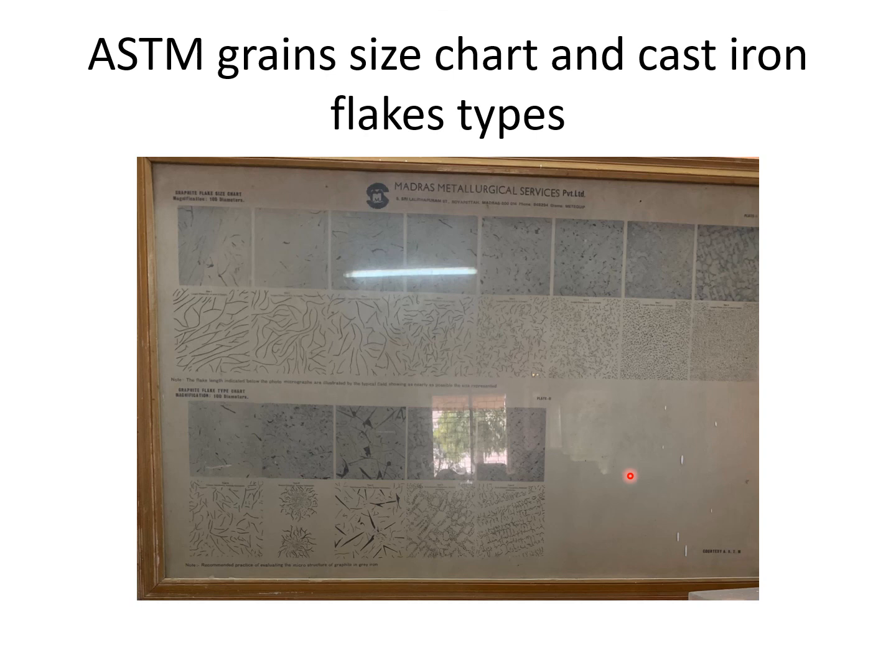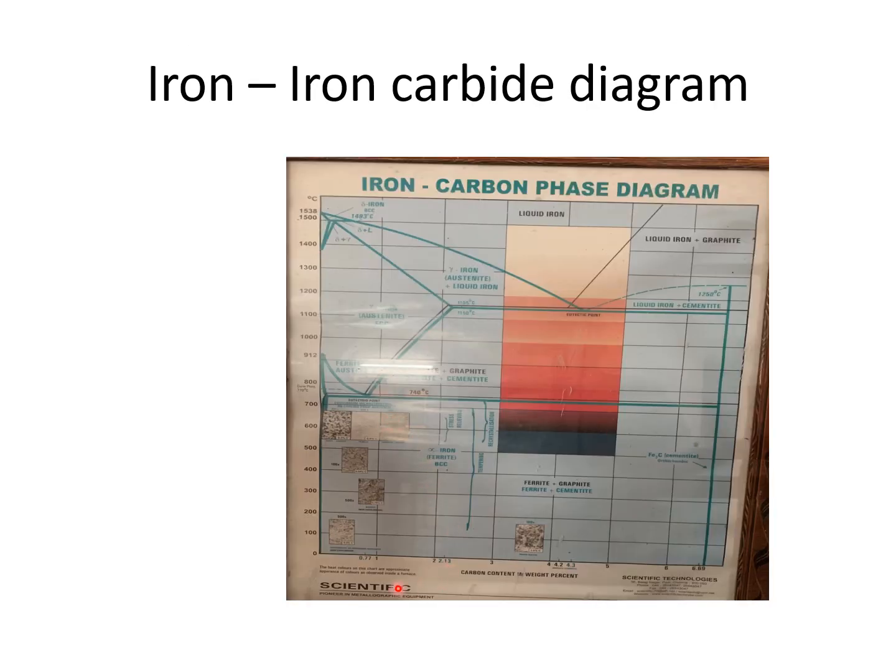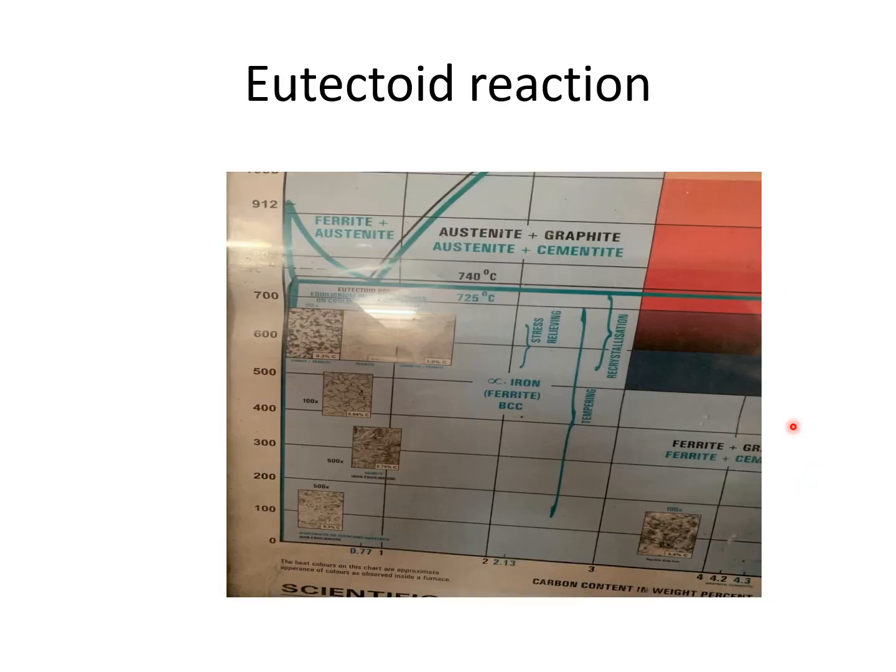Using this, we can identify exactly what size of flakes or what grain size or type of flake using this chart. And the iron carbon diagram, we know that this also is in our lab. So this is the eutectic reaction and the eutectoid reaction of that iron carbon diagram.